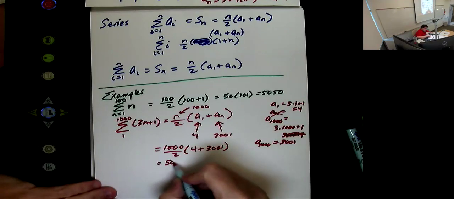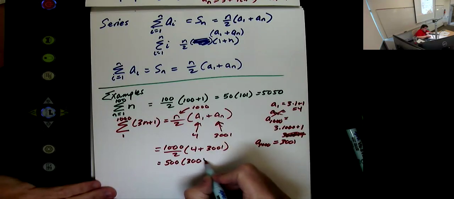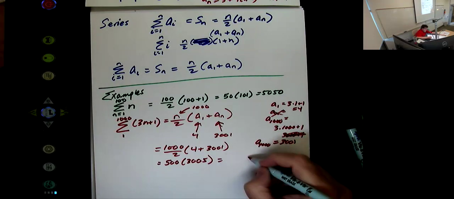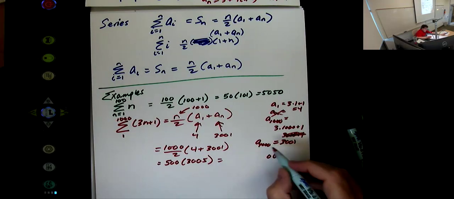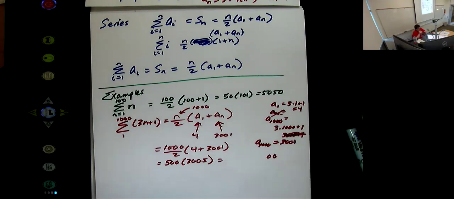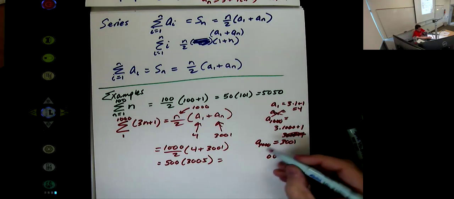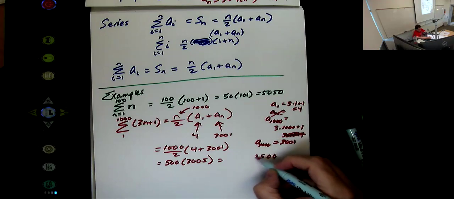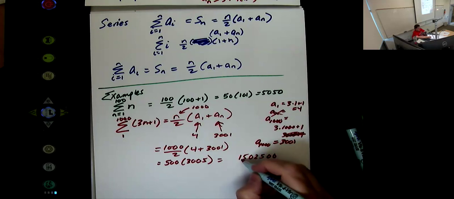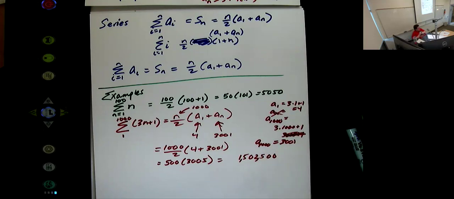This is 500 times 3,005. Let's see. I want to say that's going to be 1,502,500, I think. I'm doing that in my head. I'm going to do it in the calculator now. 1,502,500. Bam! Yeah, that's correct. Over.